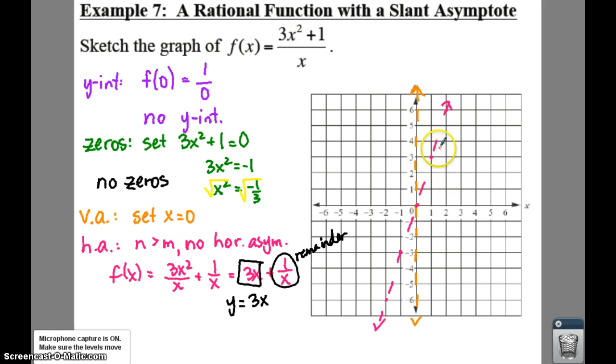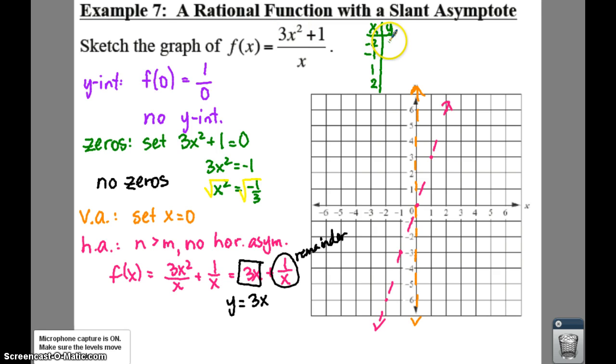So now we need to figure out some points that we can plot. So let's plot some points to the left of our vertical asymptote and some to the right of our vertical asymptote. So let's plug in -2 and a -1. Let's plug in a 1 and a 2. So if you plug a -2 in here, you get 3 times -2 squared, that's 12, plus 1 is 13, over -2.